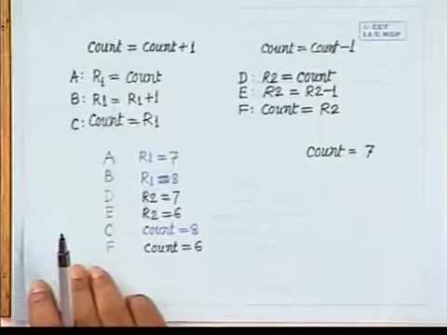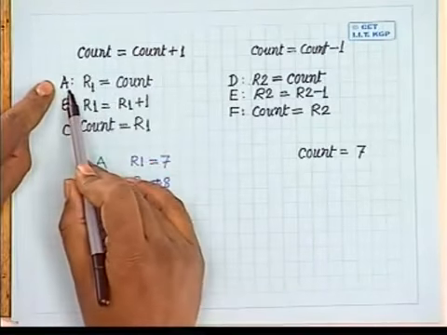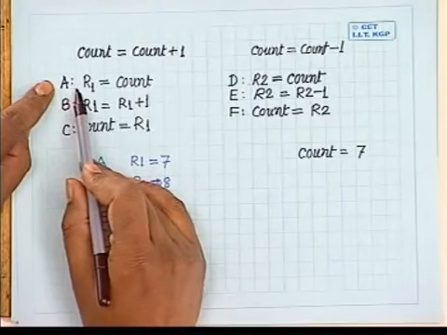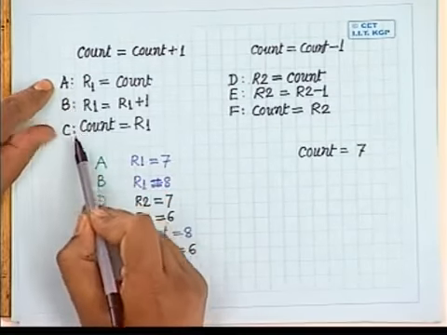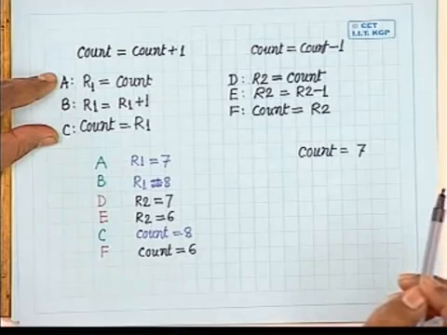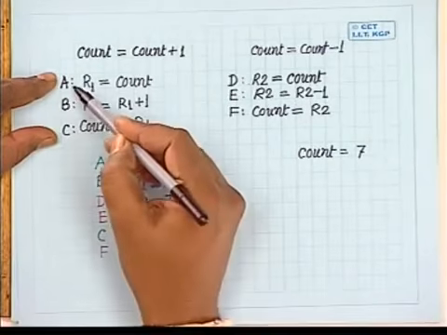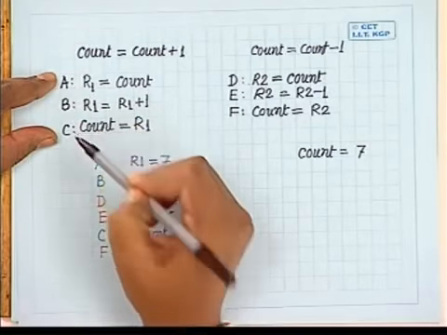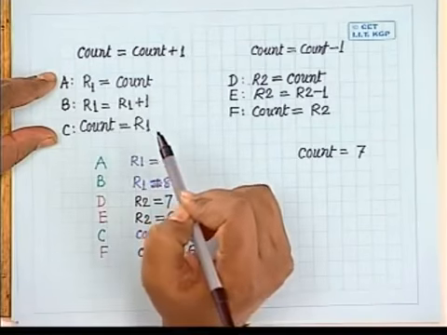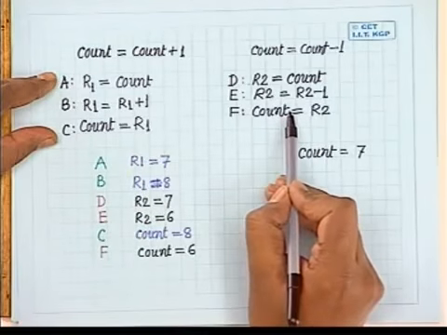Again, simultaneously means in a time interleaved fashion. So coming back to this example, we must ensure that if the producer process has started executing assembly statement A, it should complete execution of A, B, C, all three together. That means the statement count equal to count plus 1 should be considered an atomic statement. Only when all three assembly statements are executed by the producer process can it be preempted and access go to the consumer process.